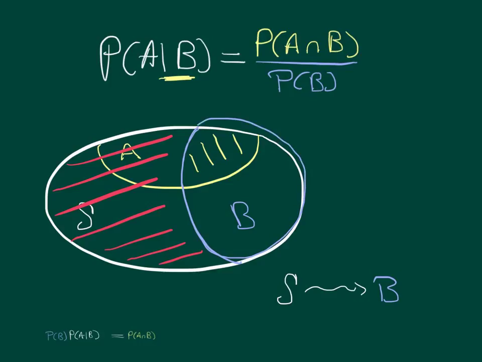So we have the probability of A intersection B divided by the probability of B.